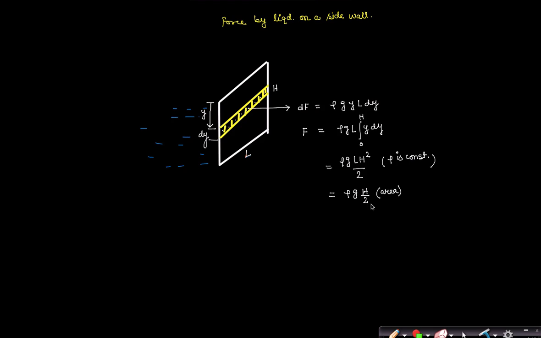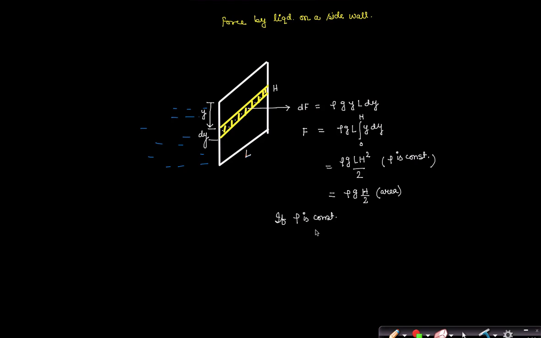Can I do it? Rho g h by 2 multiplied by area. What is the area of this? L into h. If you do it, you will find the same thing. So if rho is a constant, we can use this equation.